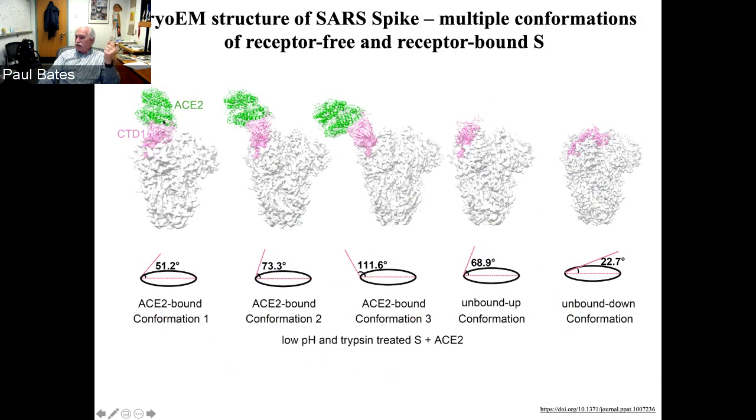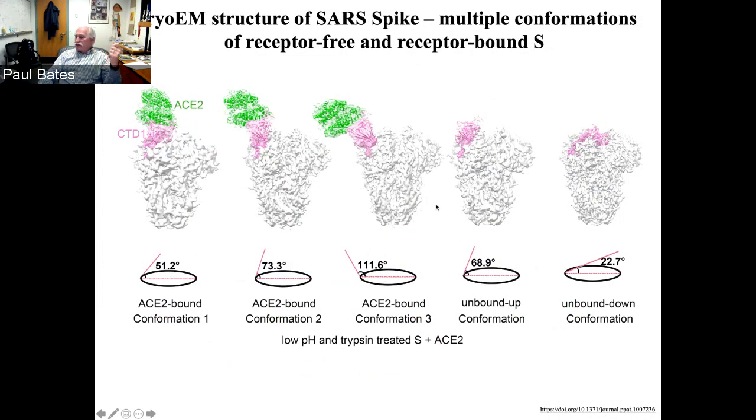It's unclear right now whether all three of these are normal conformations, whether they are just seen by cryo-EM, or if it really indicates that there's lots of flexibility. The data suggests that the head of this glycoprotein is very mobile, and that these three head groups are moving around quite a lot.